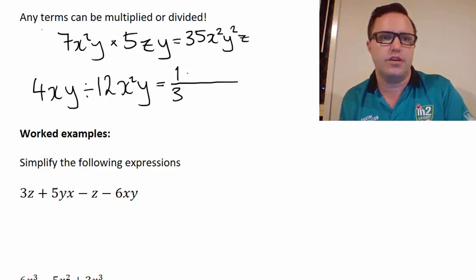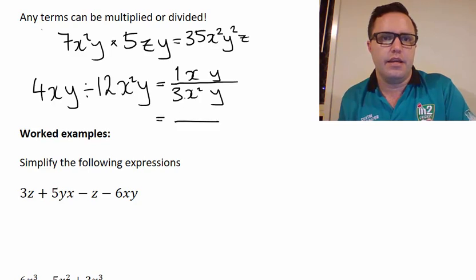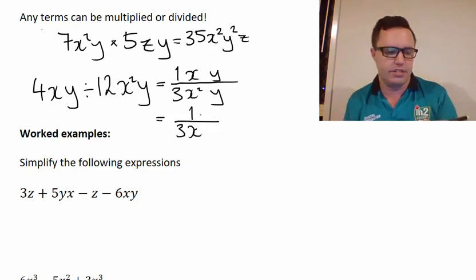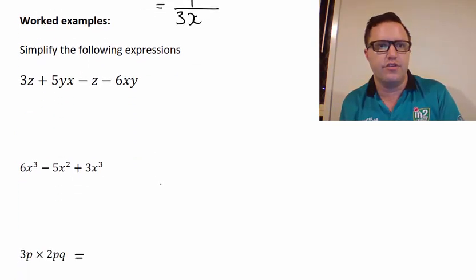Then x over x squared gives you just x on the bottom. The y's cancel out, so we're just left with 1 over 3x. Okay, so you've had a lot of experience with that, and hopefully that's just some nice revision for you.